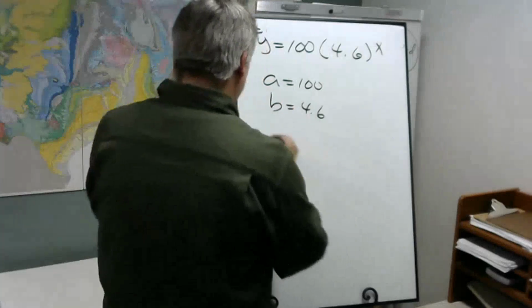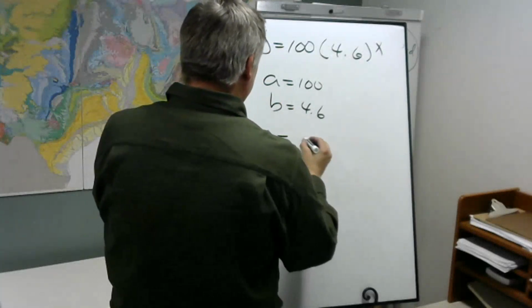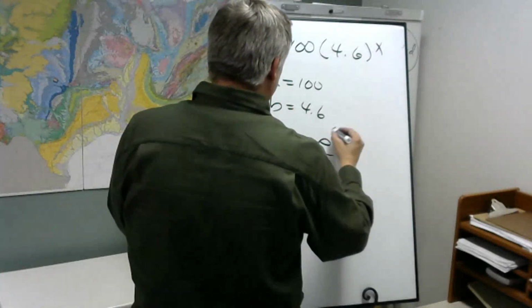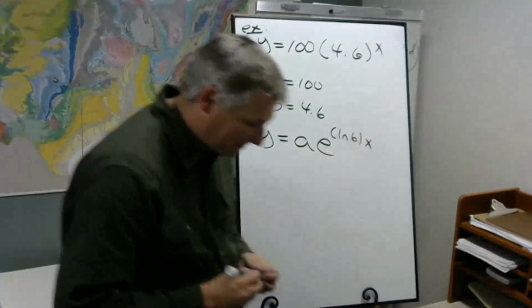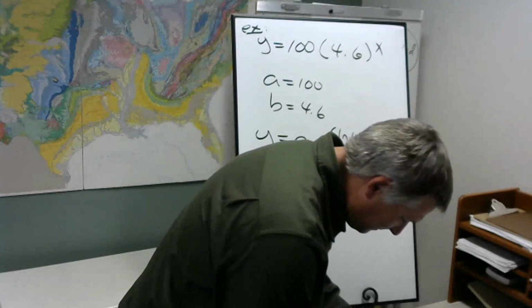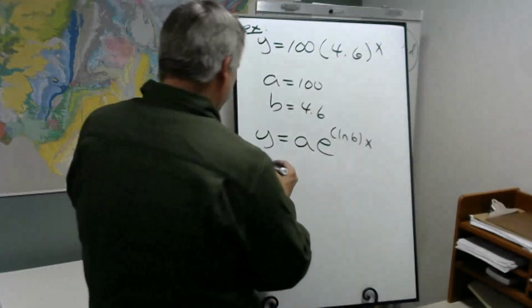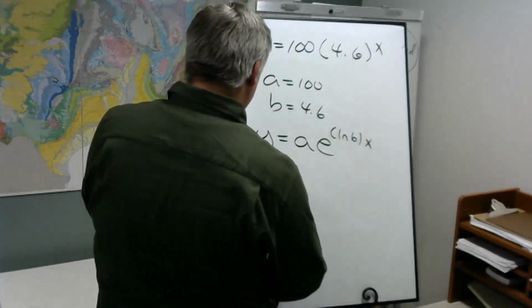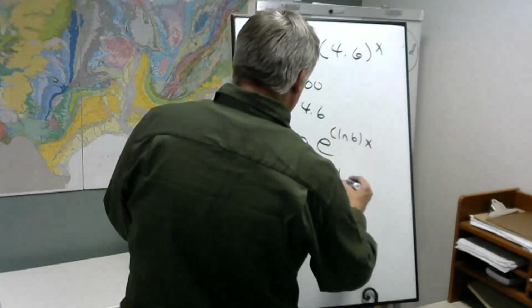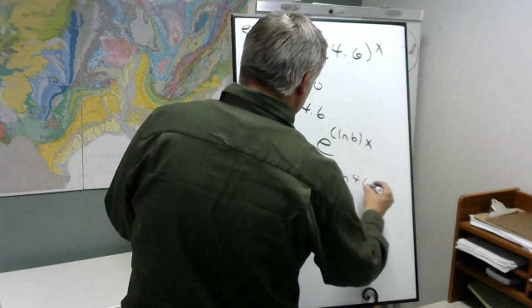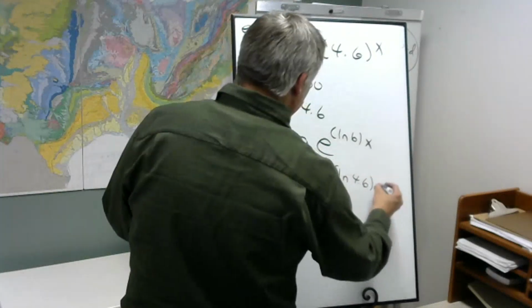So for our new formula, we want y equals a e to the natural log of b times x. And so we can say this will be y equals 100 e to the natural log of 4.6 times x.